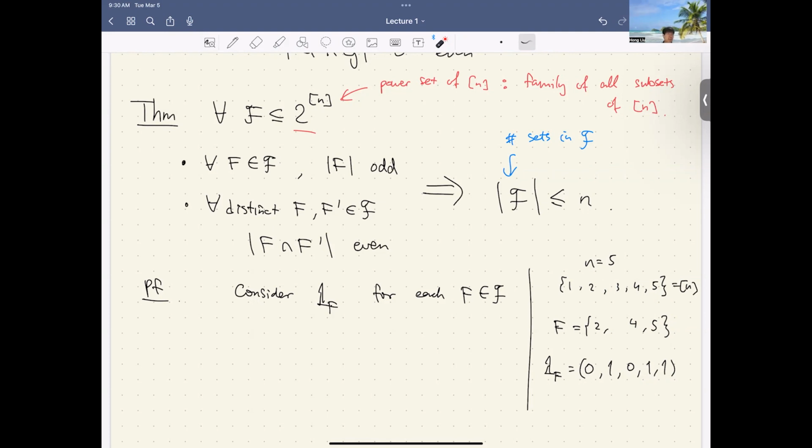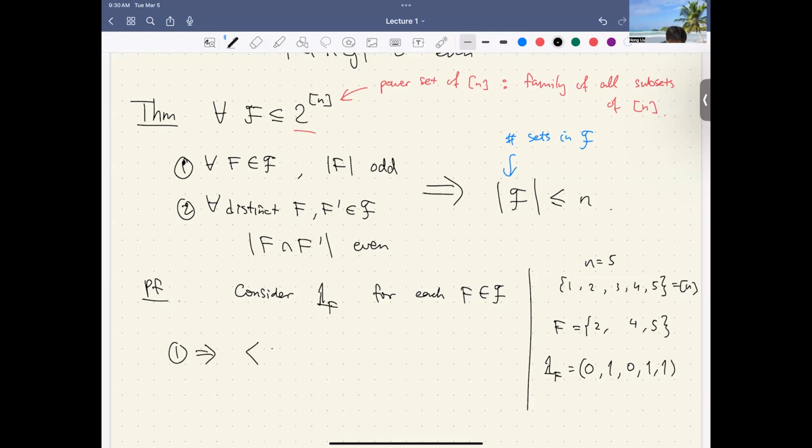Good. Now let's translate all the conditions we have into linear algebraic terms. What does it mean that every club F has odd size? Well, the first condition, let's write 1 and 2, right? The first condition implies what?